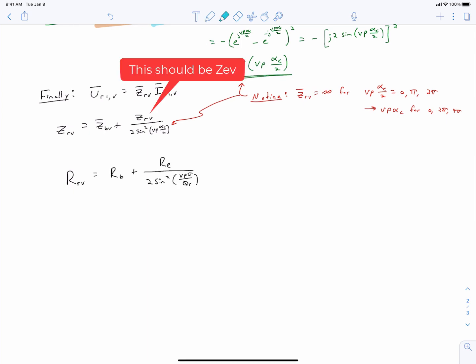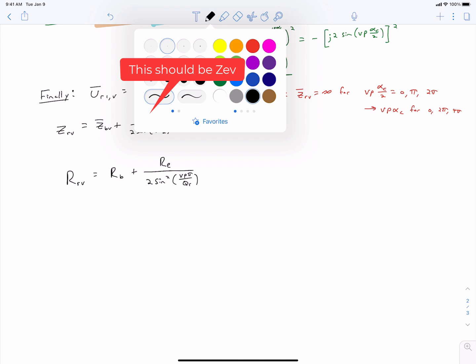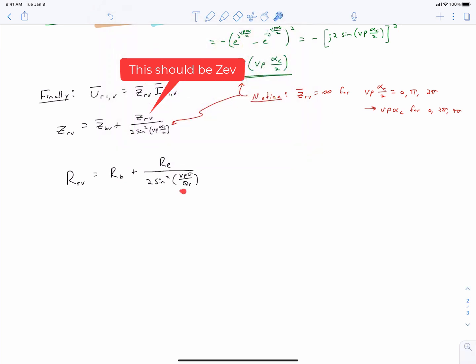And you'll see that when doing this, I've used sine squared of VP pi by QR. And this is the same term. I'm just simply making the observation that alpha c is equal to 2 pi over QR.